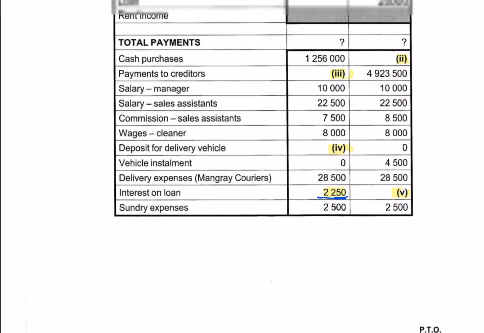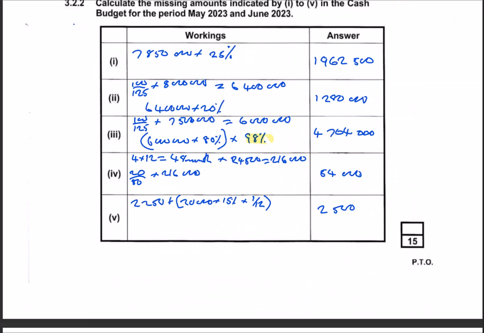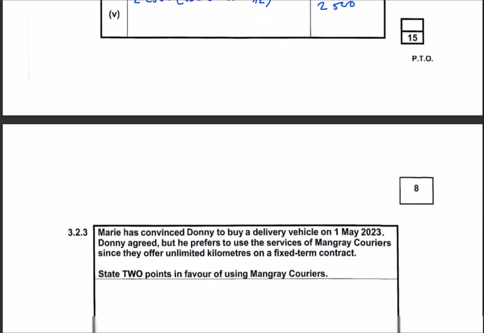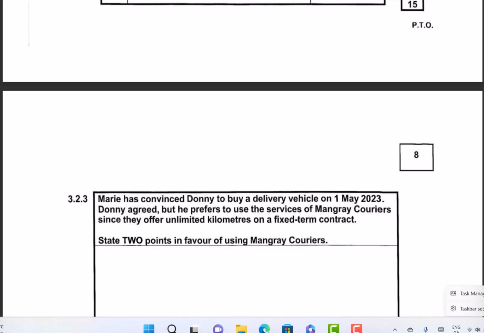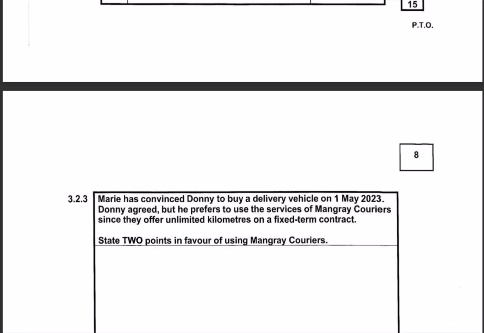Then, what is the next question? Mary has convinced Donny to buy a delivery vehicle on 1 May 2023. Donny agreed, but he prefers to use the service of Mangre Couriers, since they offer unlimited kilometers. State 2 points in favor of Mangre Couriers.